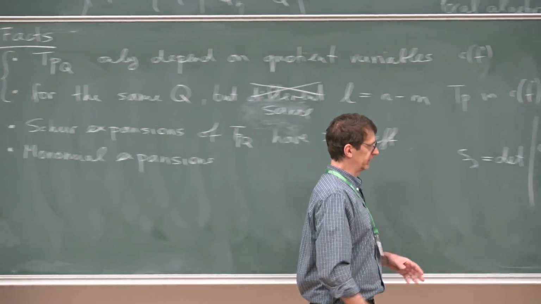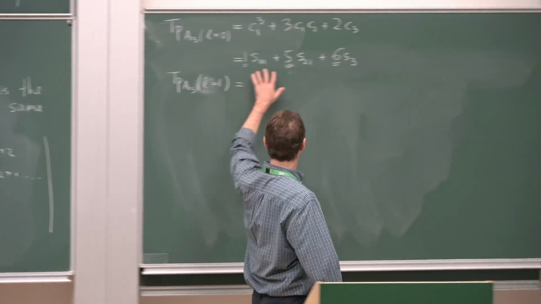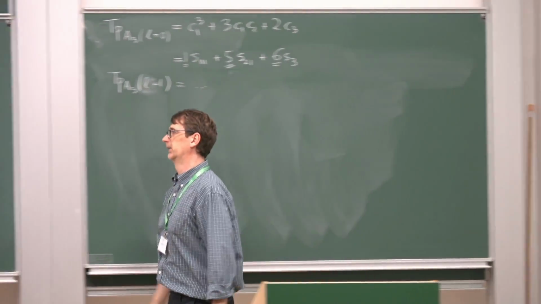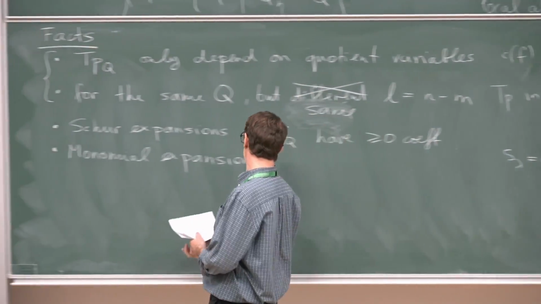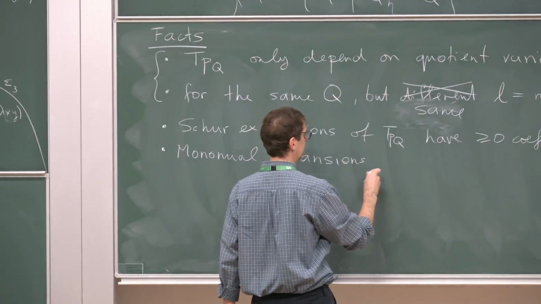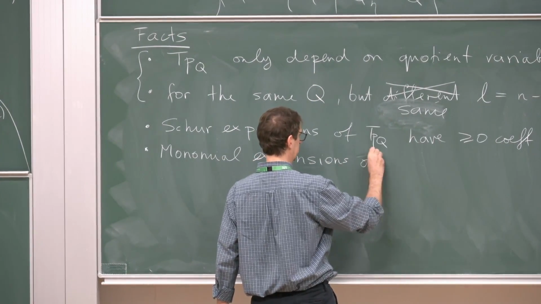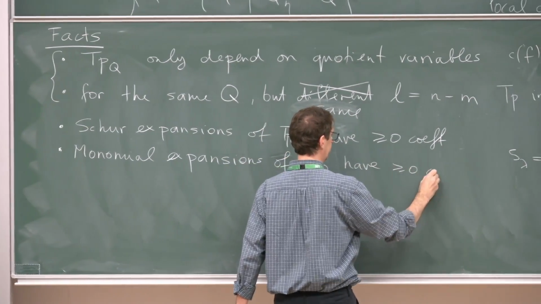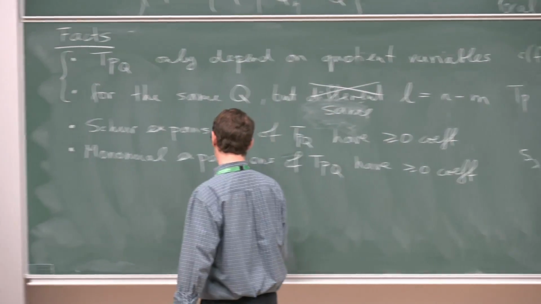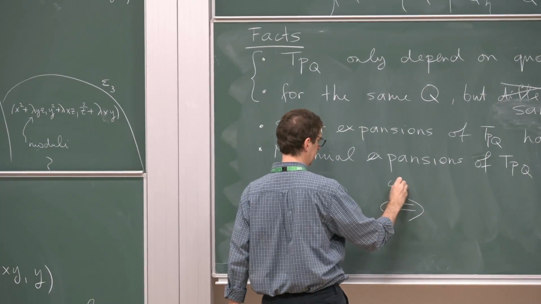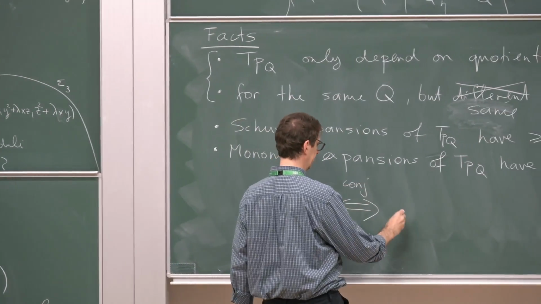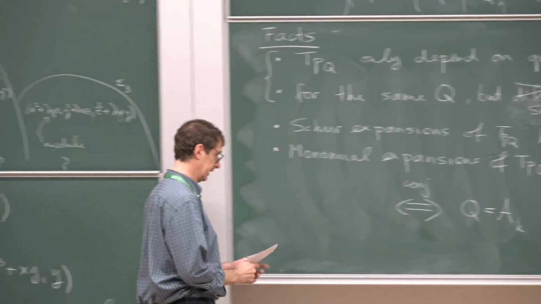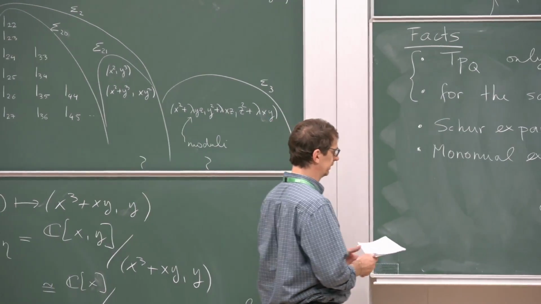Maybe you imagine that since I talked about the Schur expansion, and you also see here a monomial expansion, and both of them are non-negative, maybe I should say something about that as well. The monomial expansions of Thom polynomials of contact singularities having non-negative coefficients is conjectured to be true if and only if Q is of type A_k. One direction is trivial.